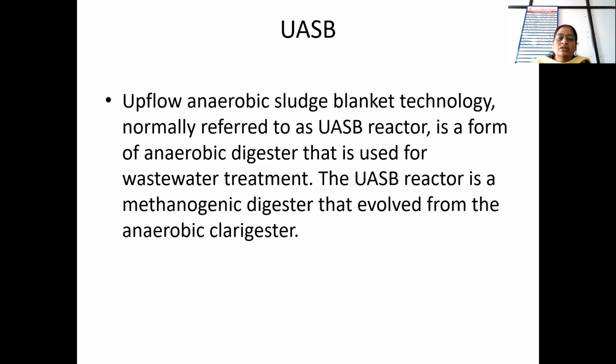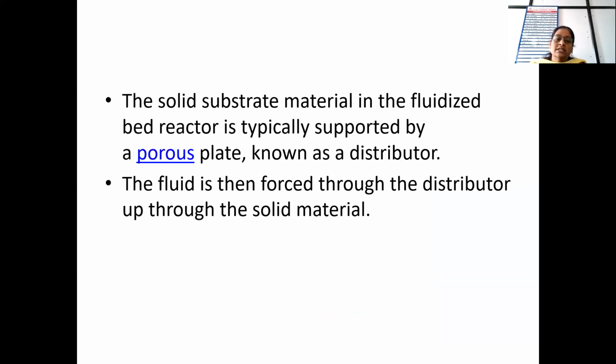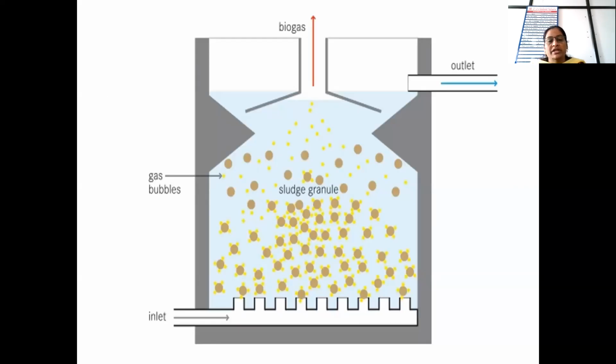The another technology which we were discussing is the upflow anaerobic sludge blanket, in short called the UASB. You can look at this figure, how the fluidized bed and UASB are similar types of technologies. But the fluidized bed can be used for anoxic, aerobic, as well as anaerobic environments, while the UASB is usually used for the anaerobic environment itself.